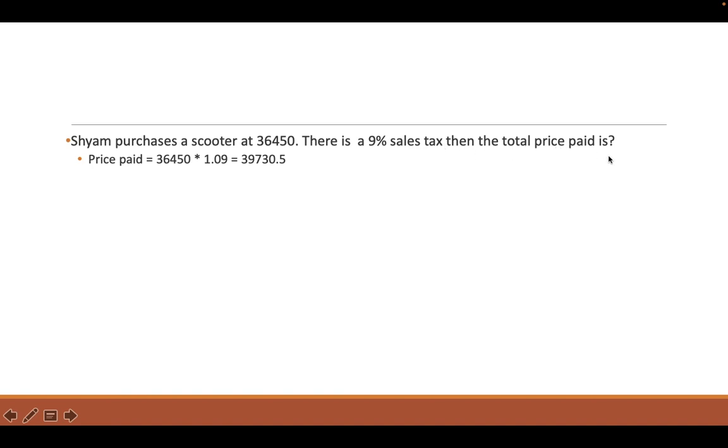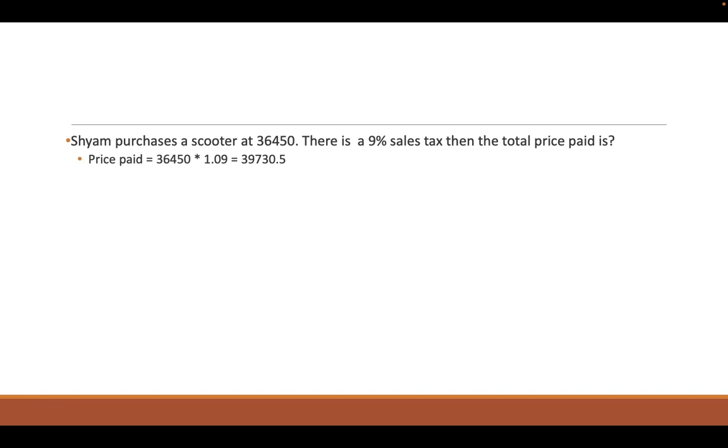Then the total price paid is... it's saying that try to include the sales tax before calculating the total price. It's not asking in the question to consider other terms or taxes.